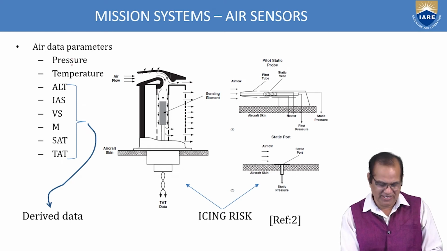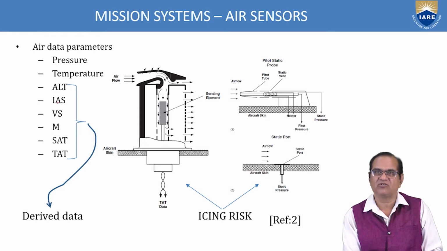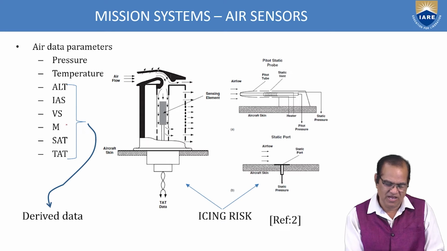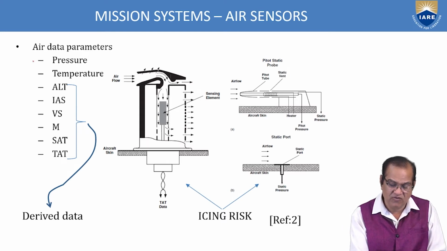This pressure and temperature are the primary data, and from this pressure we can find the altitude, the indicated airspeed, the vertical speed, Mach number, SAT, TAT. All these things can be found from this.